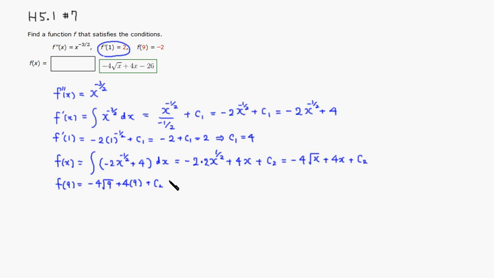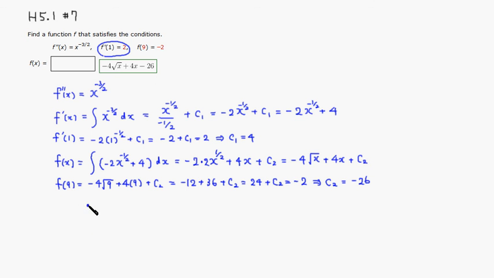The square root of 9 is 3. 3 times negative 4 is negative 12, plus 4 times 9 is 36, plus C2, which is 24 plus C2, which is supposed to be negative 2. So C2 is, subtracting 24 from both sides, negative 26. All you have to do is put negative 26 there.